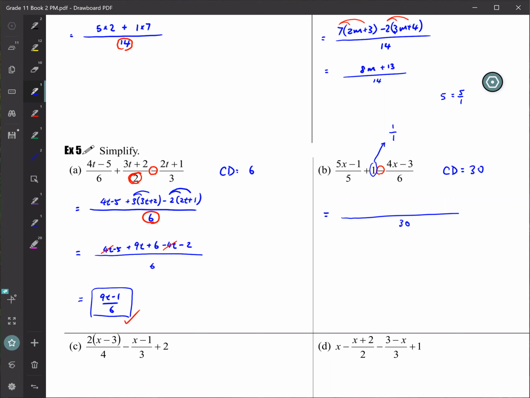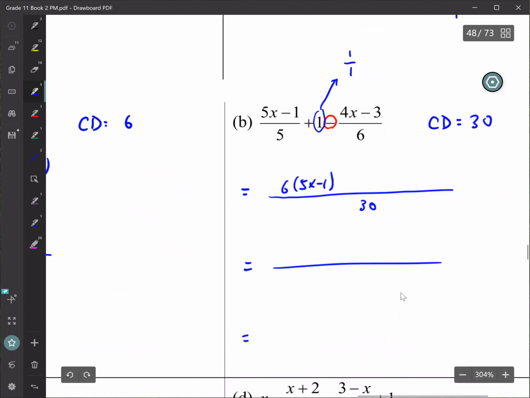So Selena, once you finish the first line, the numerator, you can let me know. We can check together. I got 6 bracket 5x subtract 1 plus 30 and then subtract 5 bracket 4x subtract 3.